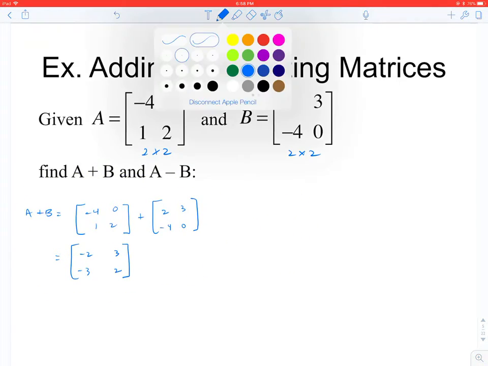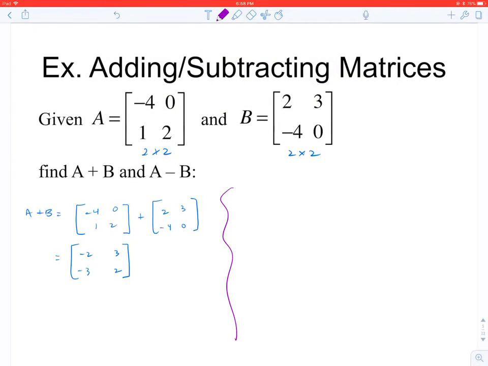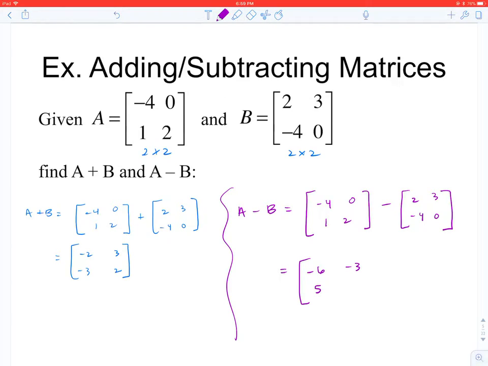To subtract, if we want to find the matrix that results from subtracting matrix B from matrix A, so that's negative 4, 0, 1, 2, minus matrix B, I'll do negative 4 minus 2, which is negative 6, 0 minus 3, 1 minus negative 4, which will be 5, and then 2 minus 0 is 2.